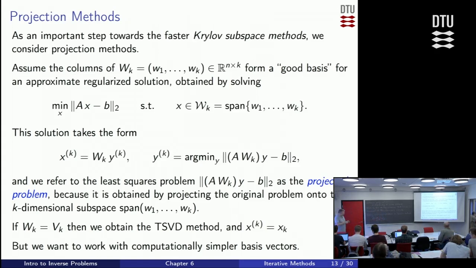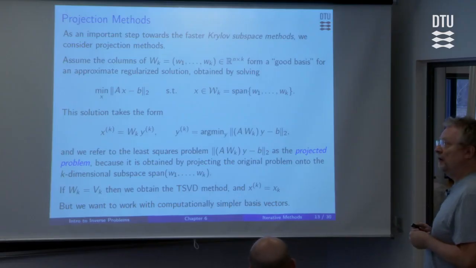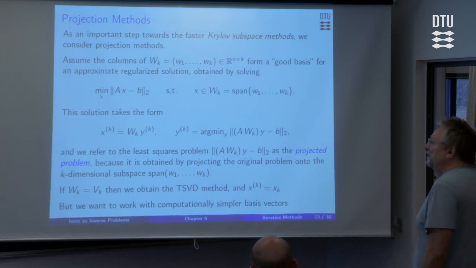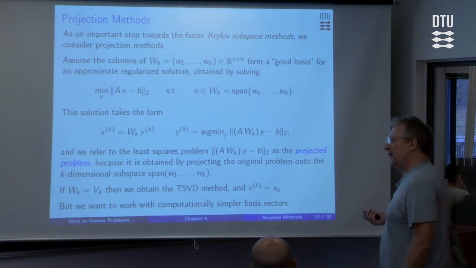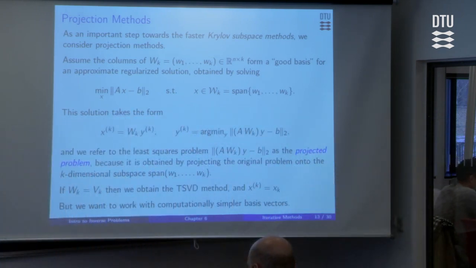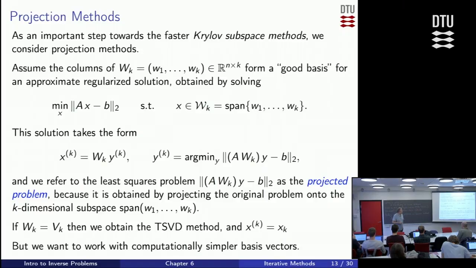The idea here is that let's assume that we somehow can pick a good set of basis vectors for the regularized solution that we're trying to compute. It could be that we have information. For example, there may be certain properties of the solution that we want to capture, and we can do that by picking these columns here.